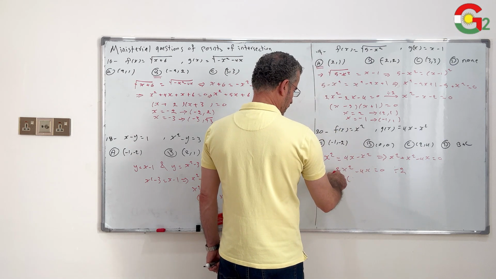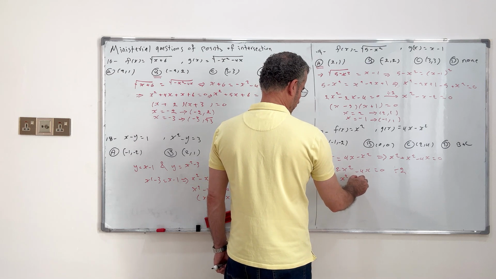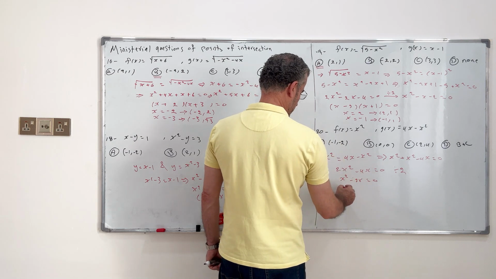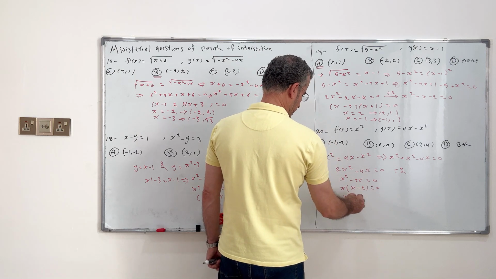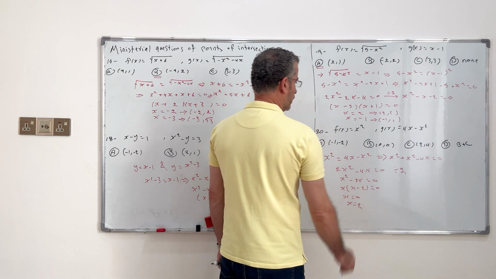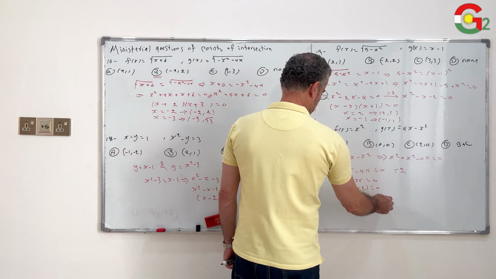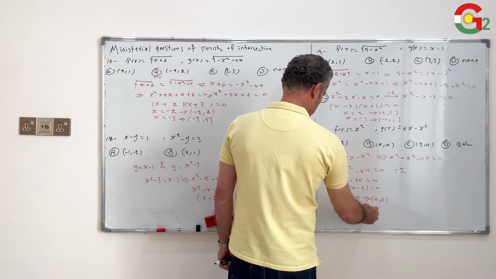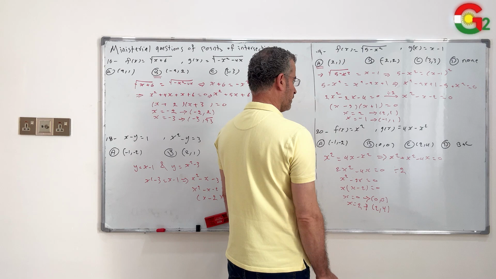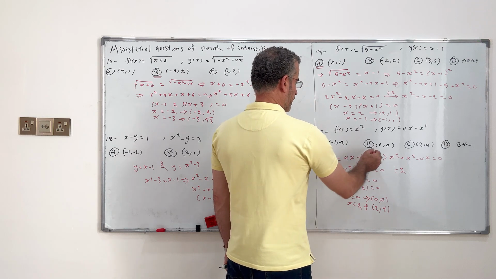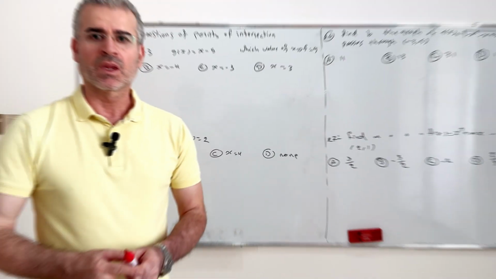Then it will be x power 2 minus 2x equals 0. Factorize by x: x times x minus 2 equals 0. Either x equals 0 or x equals 2. When x equals 0, y is also 0. When x equals 2, y is 4. Then B and C. Choice number D.